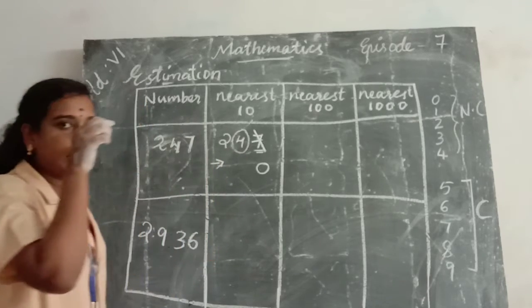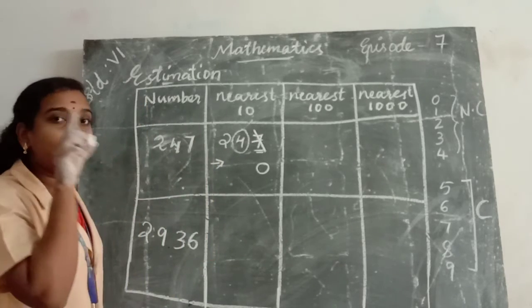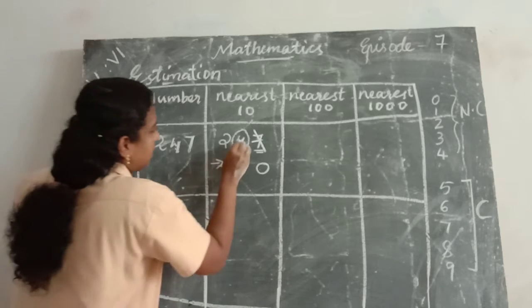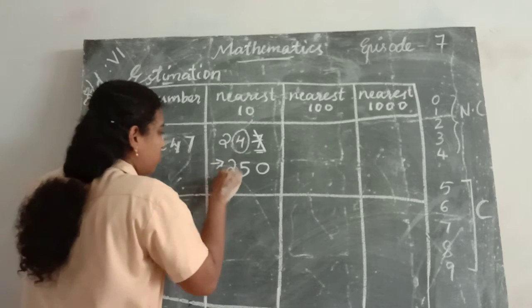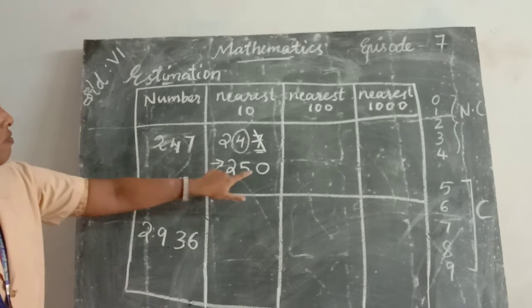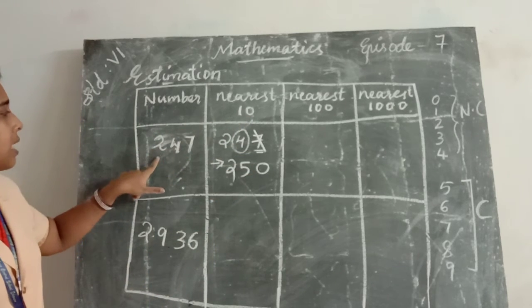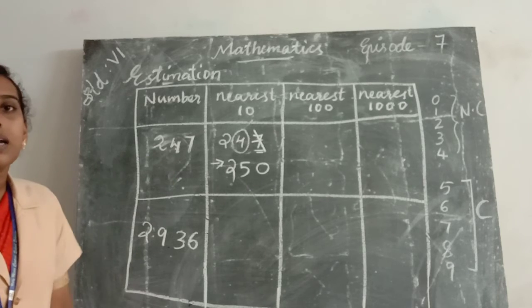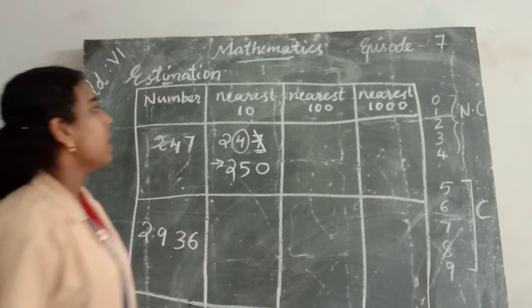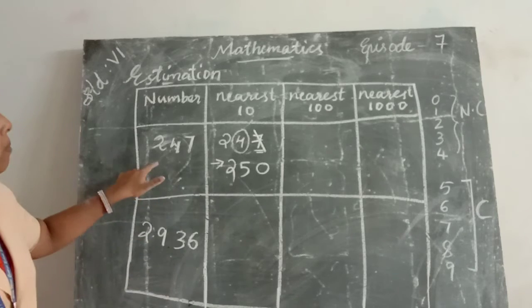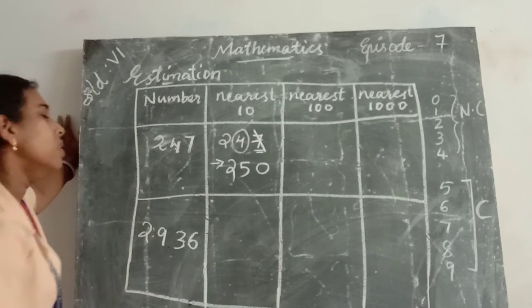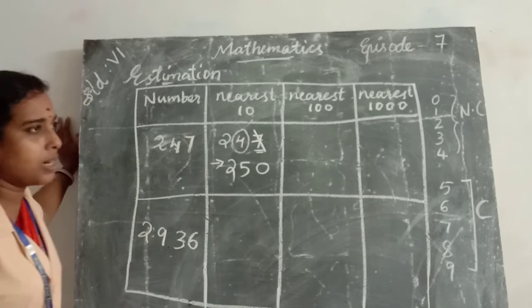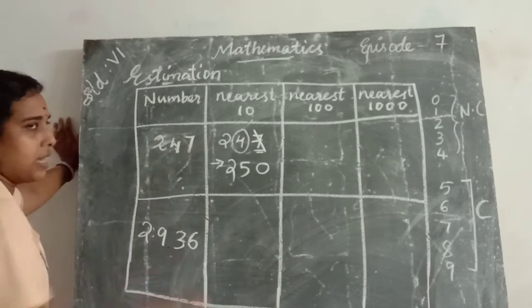Here the rounded digit is 4, then we add 1 to the rounded digit. That means 4 plus 1, 5. Then we write 2 here. So 250 is the nearest 10 of the number 247. And for the same number, we write the nearest 100, that is, rounding this number to the nearest 100.